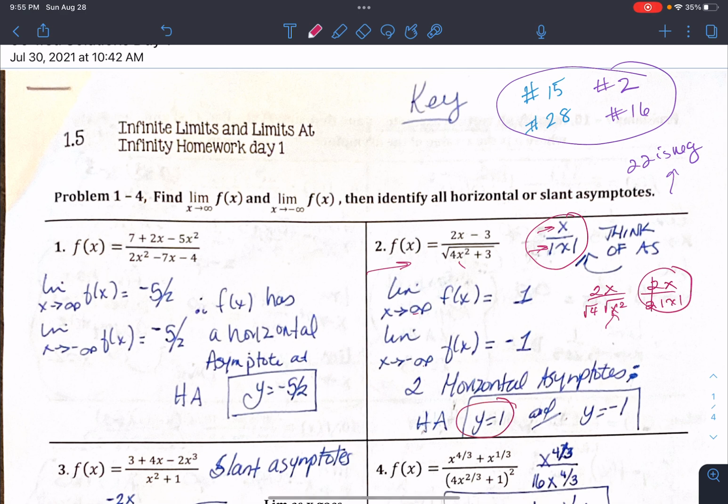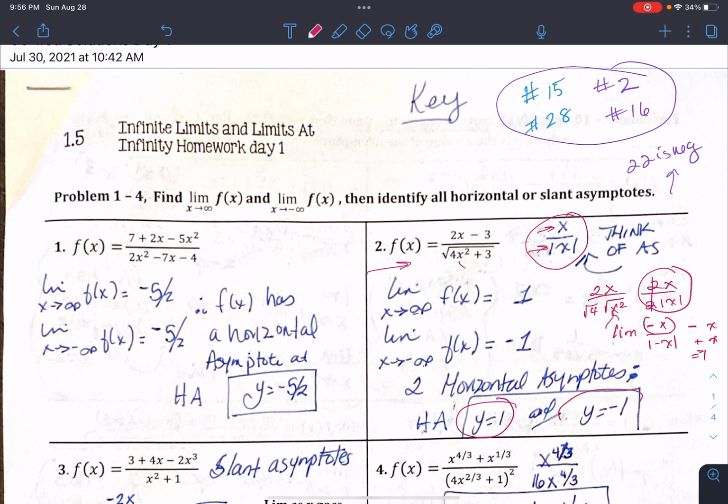If you put a negative number into x, you end up having the limit of negative x over the absolute value of negative x. The bottom becomes positive, because it's absolute value, and the top stays negative, so you end up with negative x over positive x, and so that would be negative 1.